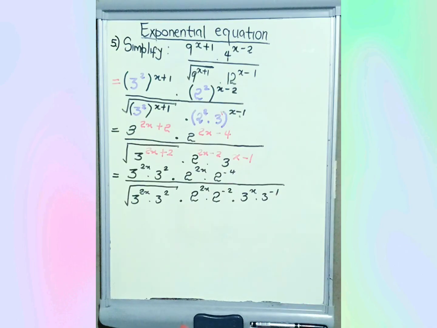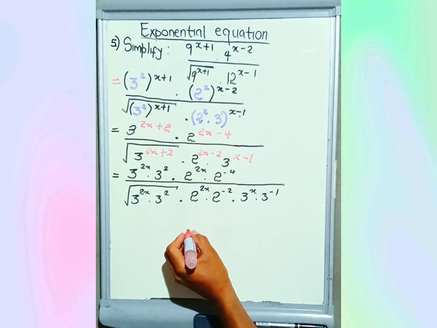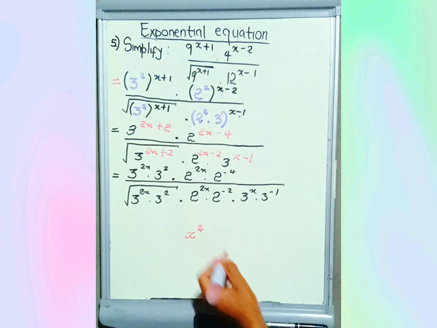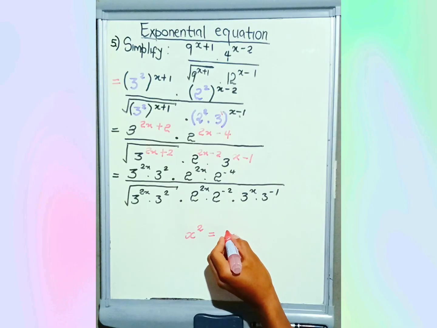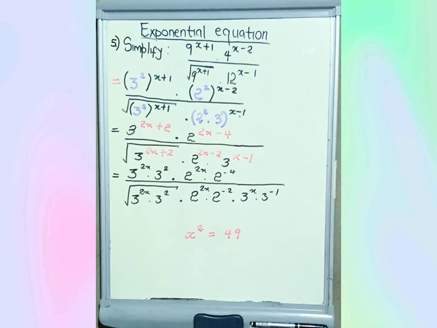Okay, come here. Look. Remember, if I'm just having x squared equals to 49, when I'm just solving the equation, this is a grade 7, grade 8, grade 9, grade 10 equation.